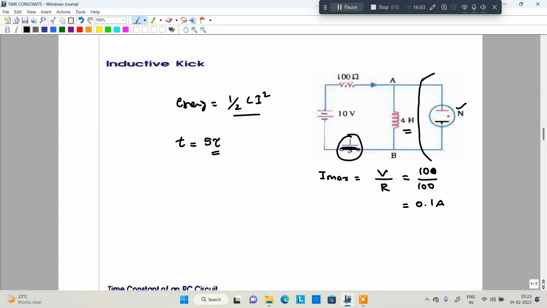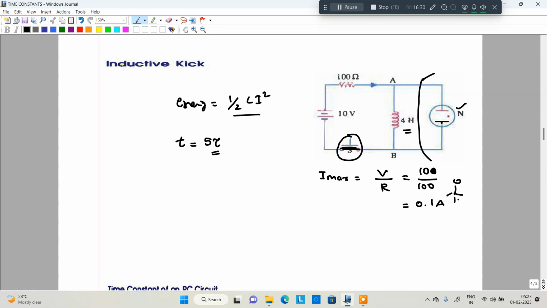Suppose one person is working near the inductor in this circuit, and that person touches the inductor. What will happen? That person may be severely impacted, because a very high voltage of around 2 kilovolt or 3 kilovolt is present.